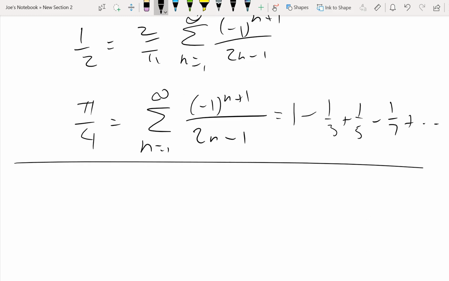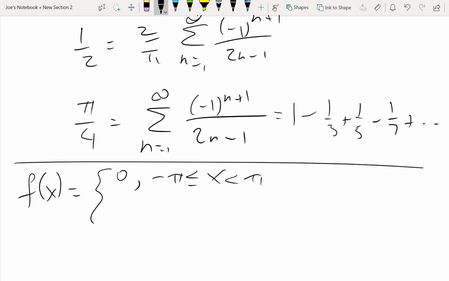We want to do the Fourier series for f of x equals 0 between negative pi and 0, and it'll be sine of x, oops, that should say 0, not pi. It should be sine of x for 0 less than or equal to x less than pi, because I don't really care if I have the equal to sign on the other one or not.